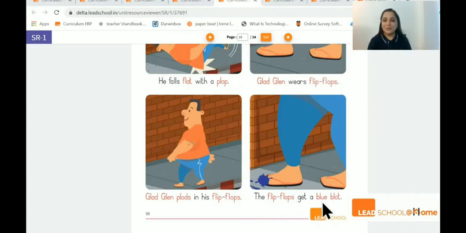Now read this word. Blue. And read this. Blot. The flip-flops get a blot. The flip-flops get a blue blot. Now it's your turn to say. Good.